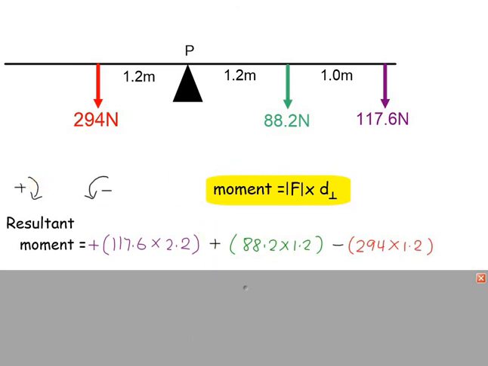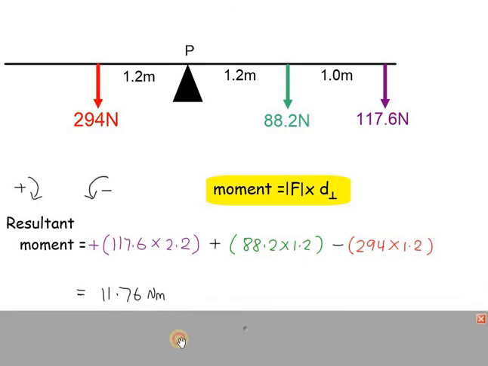And then we have the 294 newton force times the perpendicular distance here, and this time it is on the other side of the pivot. If this side was to go down, because the force is trying to push down on this side, it produces an anti-clockwise moment, so it will be negative. So we simplify.